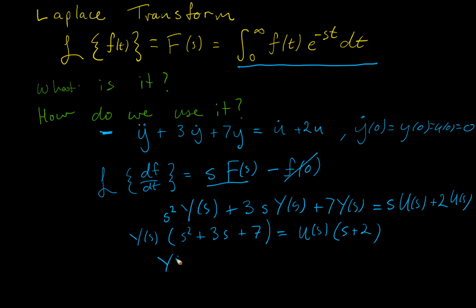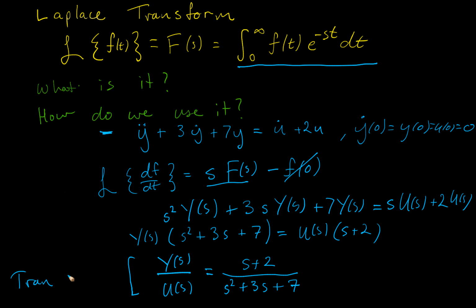So let's see, y of s over u of s equals s plus 2 over s squared plus 3s plus 7. And this is a really important object. This is something we call the transfer function.